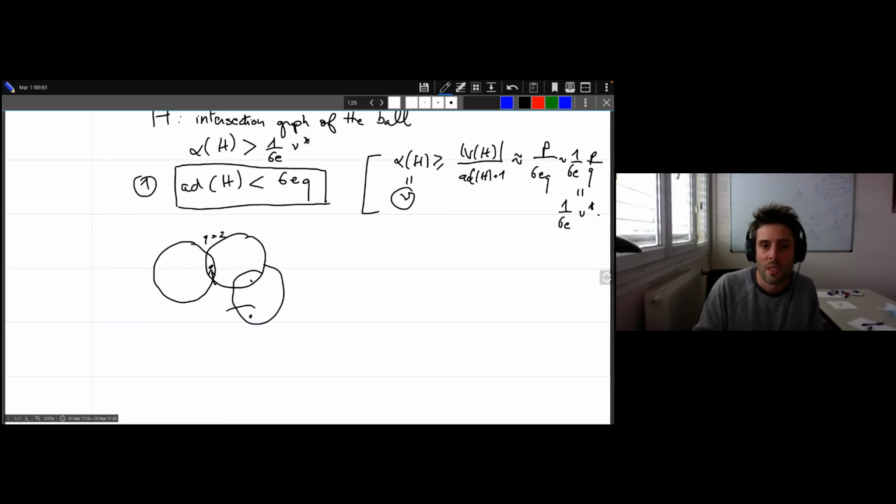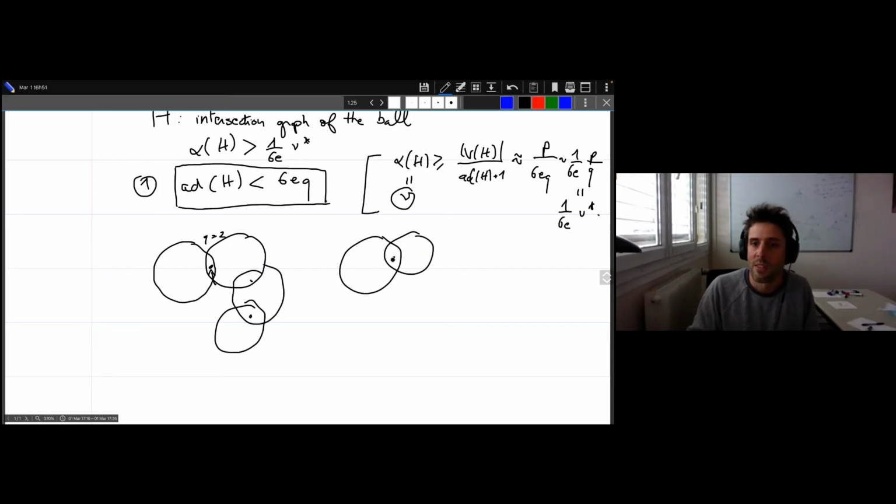Why are we happy in this case? Well, we have seen this proof that when we have balls like this, and some private vertex that is only in these 2 balls, we will be able to extract a minor. This minor would have very small average degree, because it's a minor of a planar graph. So we would be very happy if q was 2, but q can be very large.